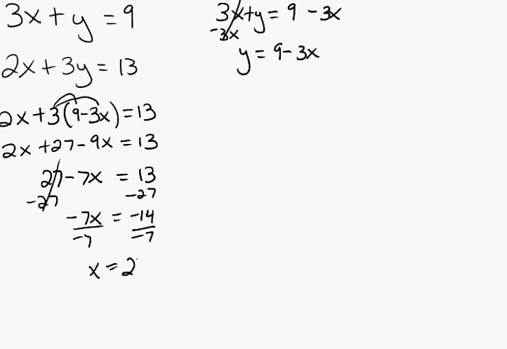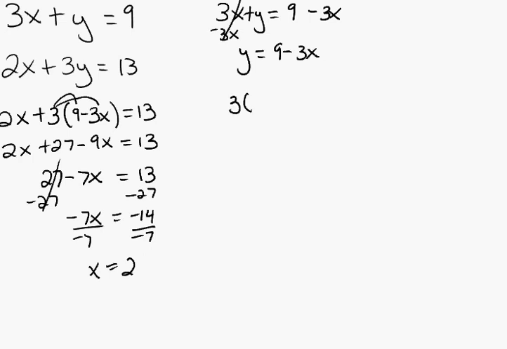So I know my value of x, but to have an ordered pair, I need an xy coordinate. To find the value of y, I take my new value of x and substitute it back into one of my original equations. I'm going to use the first one, and substitute x with the value 2.